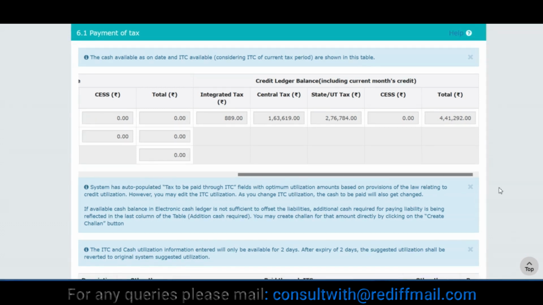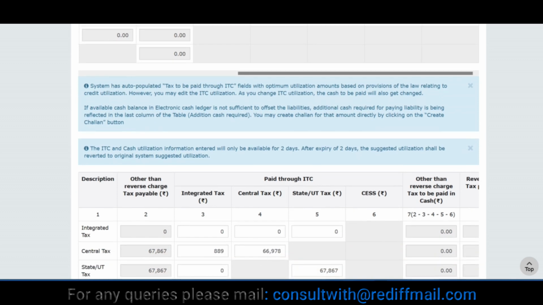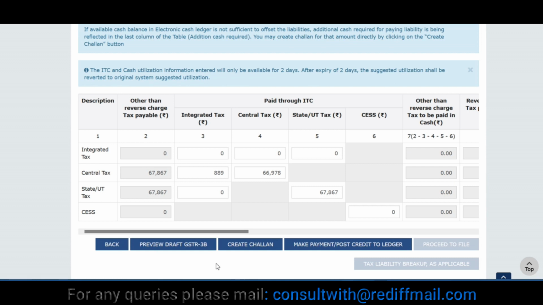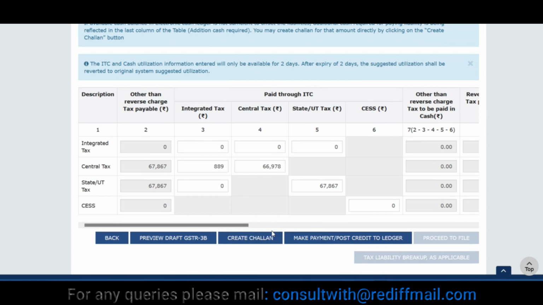Here the system has auto-populated this. Now what has the portal done? The portal has made this adjustment regarding ITC utilization.